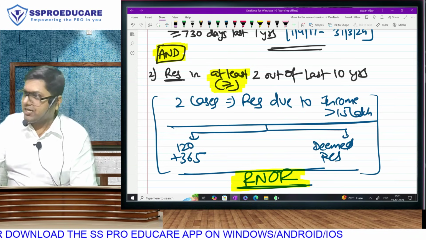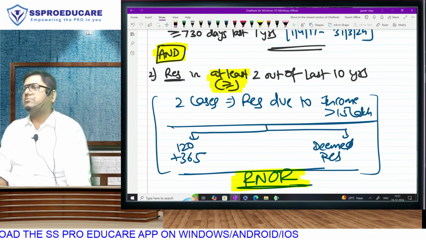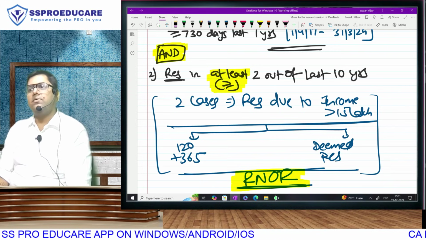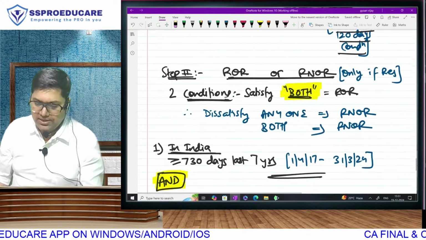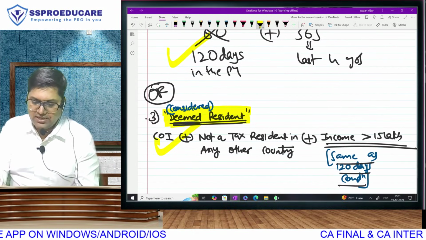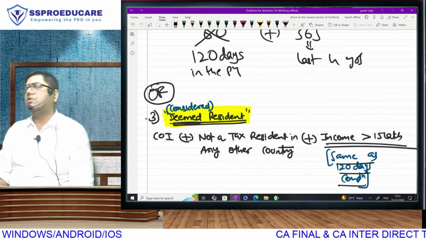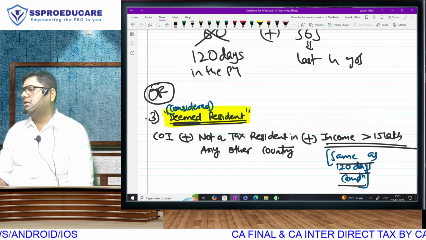The same incomes we take for the 15 lakh criteria, and the same income you will be paying tax on, because it is a forceful residential status. So the two people who become resident due to 15 lakh, this guy and the deemed resident, will both always be considered as RNOR without checking 730 days or 2 out of the last 10 years.